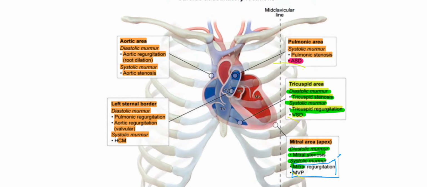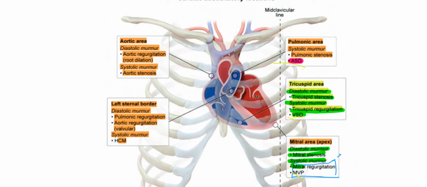You know, the first one was in the second intercostal space on the right side, whenever there was aortic regurgitation from root dilation, and the sound which was best heard was a diastolic murmur.